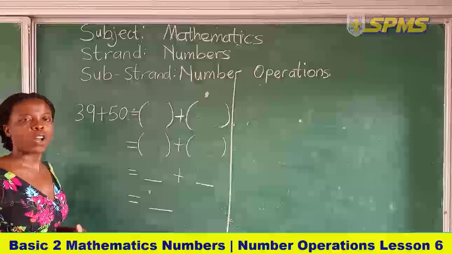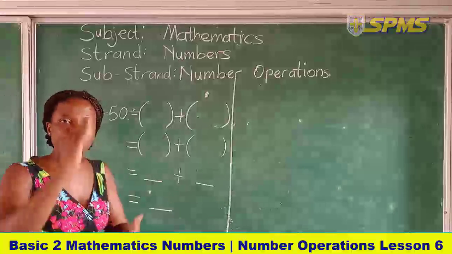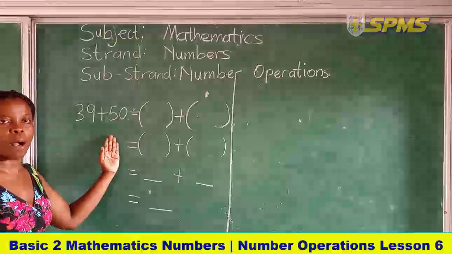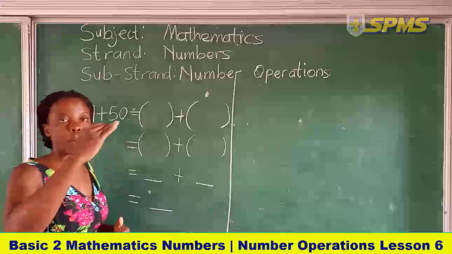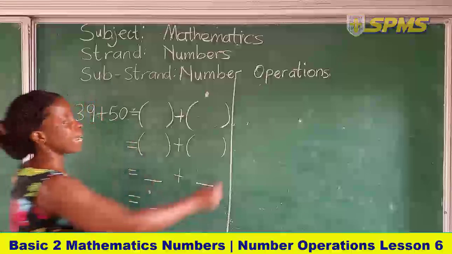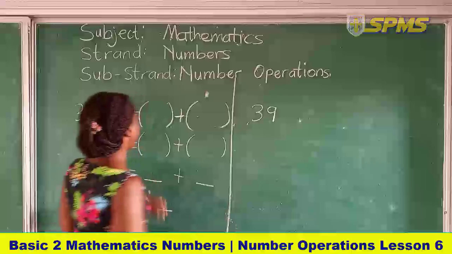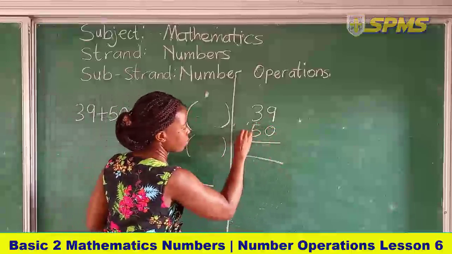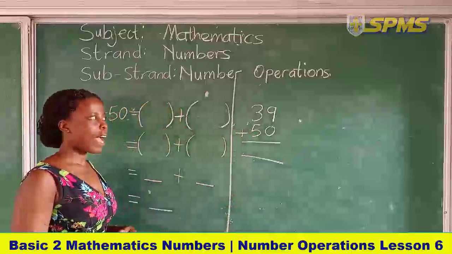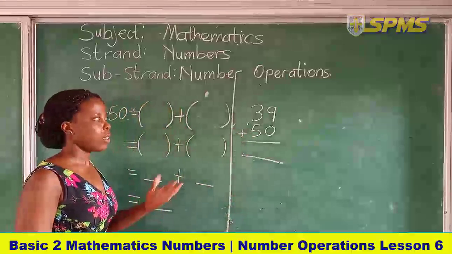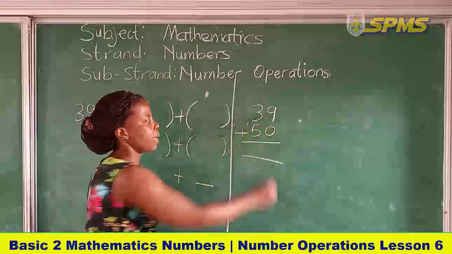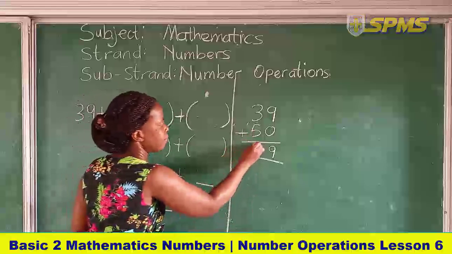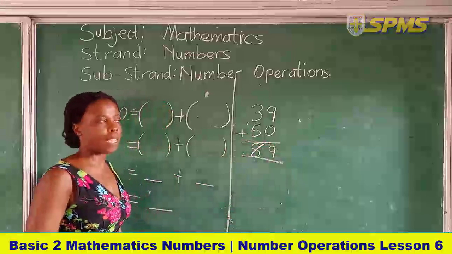Very good. You can also expand in the vertical manner. This one is in the horizontal manner. Let's try the vertical manner. That is arranging a number from top to down. So if I have 39 here and 50. Okay, after adding, you can still expand. Let's see, 9 plus 0 is still 9. 3 plus 5 is 8. Let us expand.